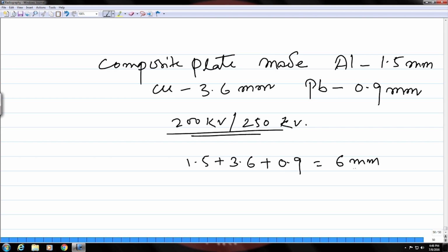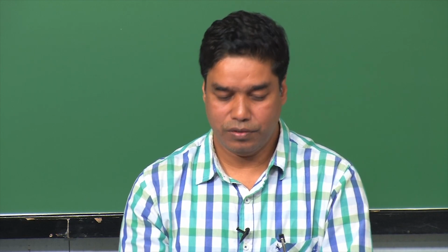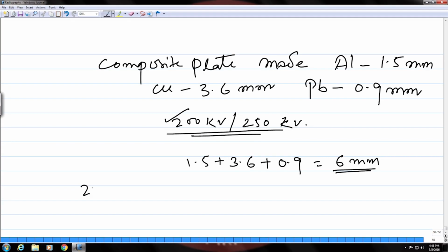So, this 6 mm thickness of this material has to be converted into an equivalent steel thickness for a given X-ray energy or tube voltage. And we have already seen the different conversion factors for these 3 materials at a particular tube voltage, let us say 200 kV.